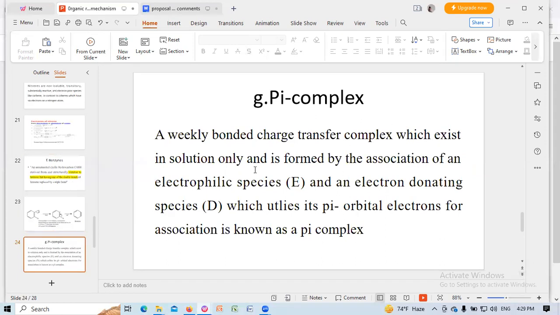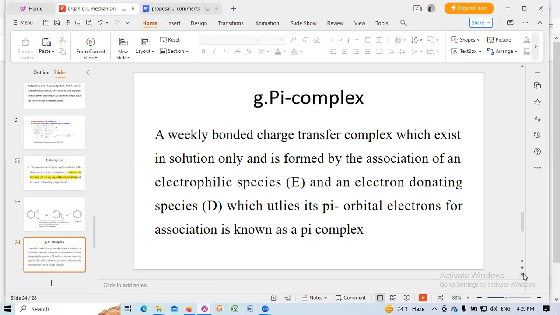Pi complex is the weakly bonded charge transfer complex which exists in solution, formed by the association of an electrophile species and an electron donating species. This association utilizes pi orbital electrons for association, known as the pi complex. This is only the association of electrophile species and electron donating species which utilizes the pi electrons.